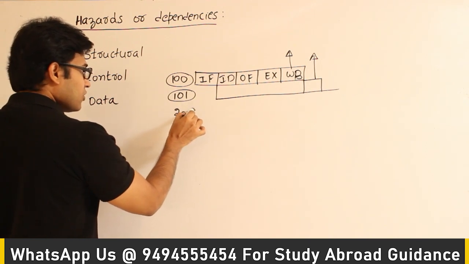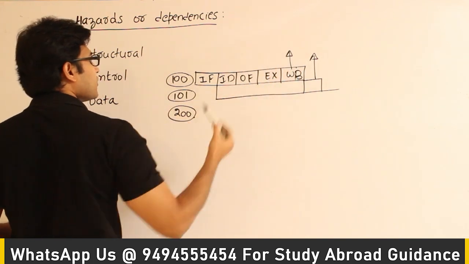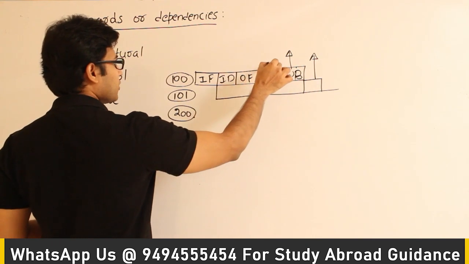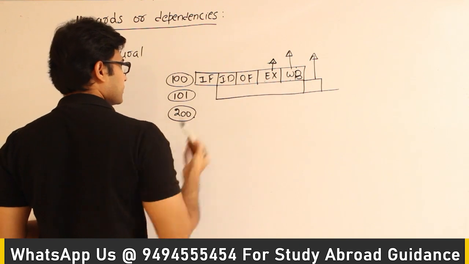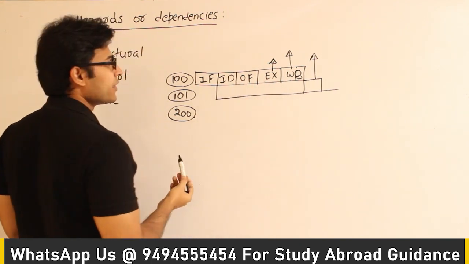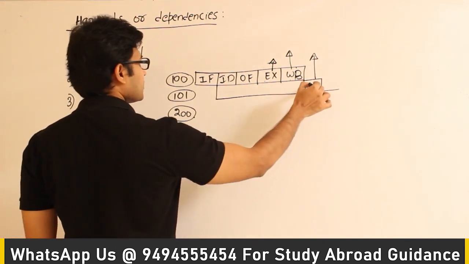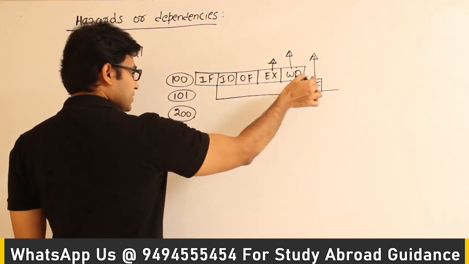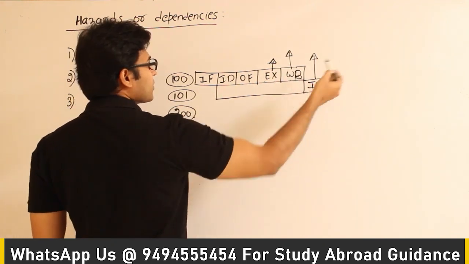But we will know that the next instruction is 200 only after the completion of the instruction. There are chances that you might get to know the target address here. Anyway, either you get the target address here or here. Whatever instructions you have fetched and executed in all these cycles all have to be stopped, and the next instruction has to be started again from here, which means it is going to take even more time.